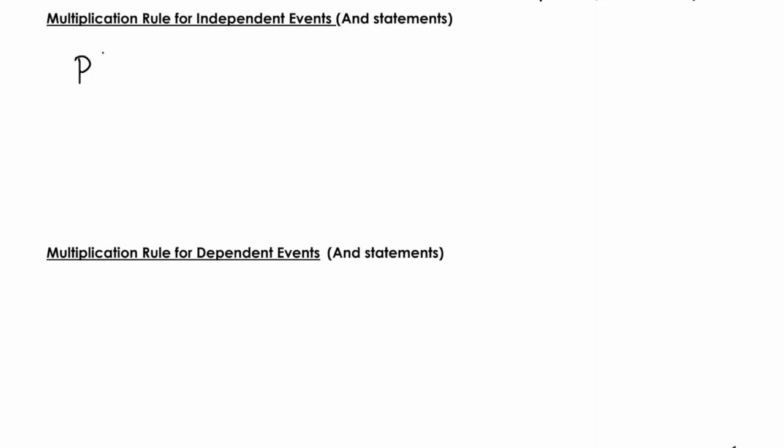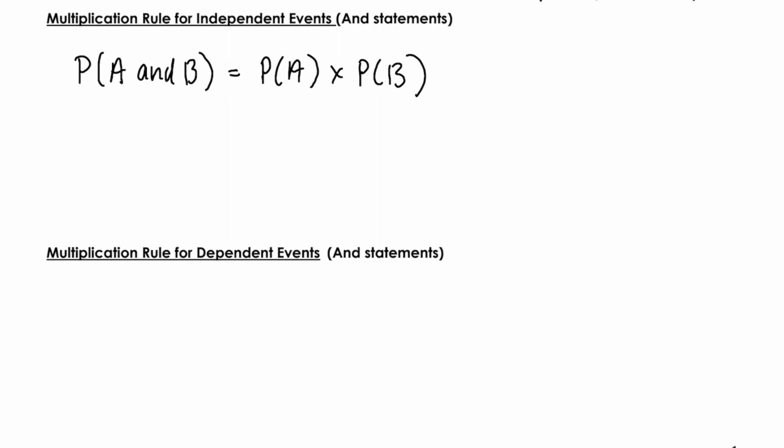If the event is independent, then the probability of an event A and an event B happening is you just take the probability of event A and multiply it by the probability of event B. And this is only if they're independent. That would be if event A and B are independent.